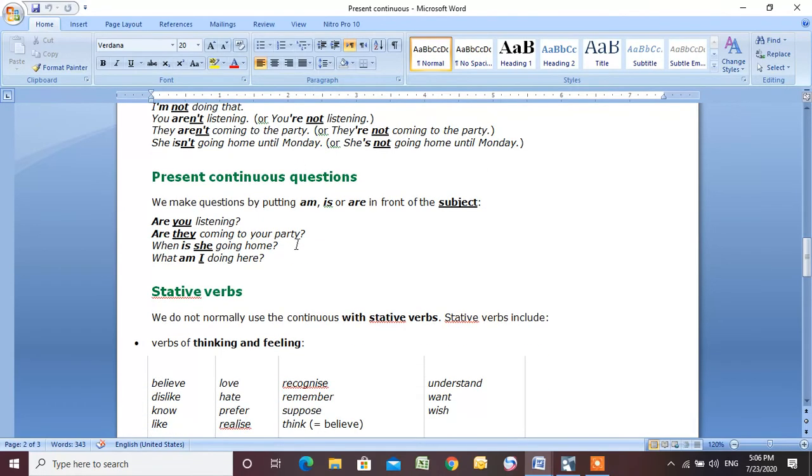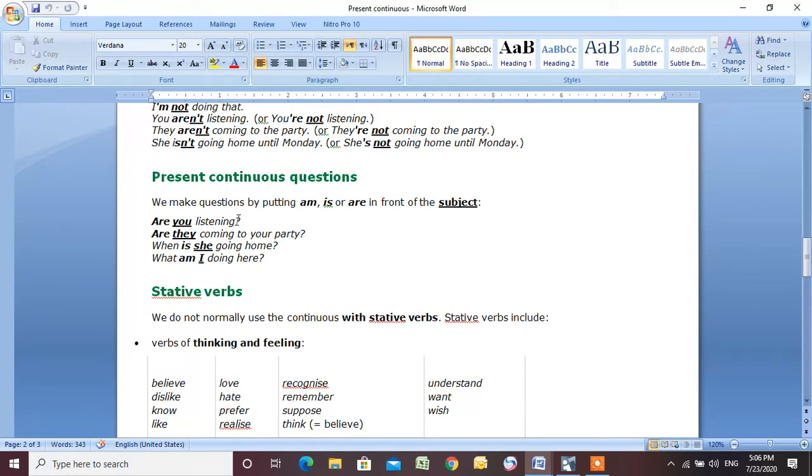To form the questions in the present continuous tense, we make questions again using verb to be. So we make questions by putting am, is, or are in the front of the subject. So here you have the subjects, you, they, she, I, and in front of them you put verb to be.